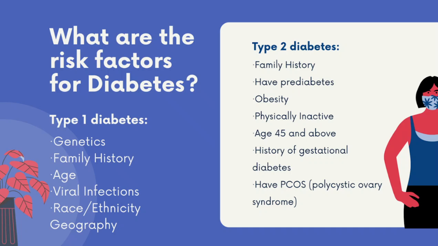While in type 2 diabetes, family history is again a factor, along with pre-diabetes, or the stage before type 2 diabetes, and obesity as well, because of the pro-inflammatory chemicals released by our fat cells, triggering the development of insulin resistance of the cells.